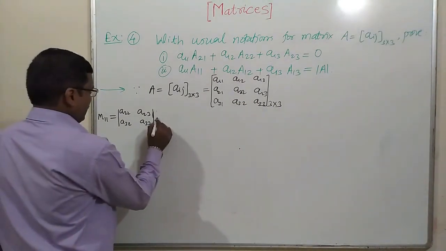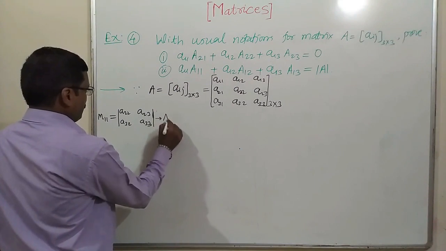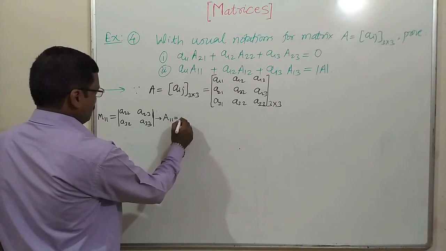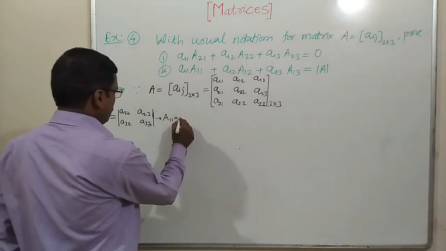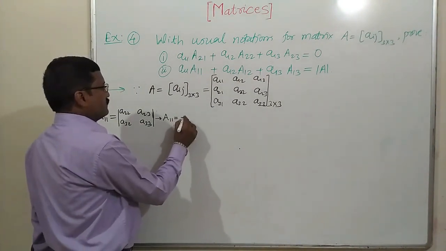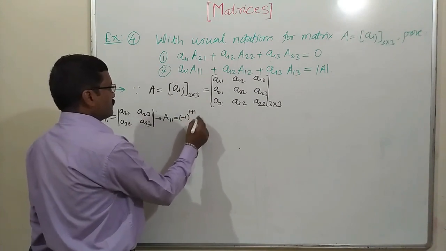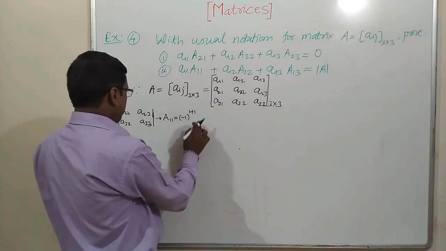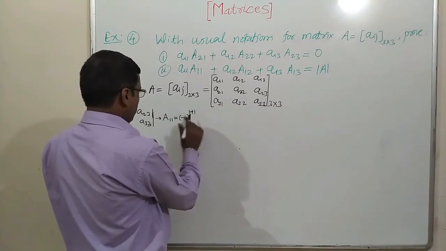Then I will write directly the cofactor, that is A11. A11 is nothing but minus 1 raised to 1 plus 1 into M11.